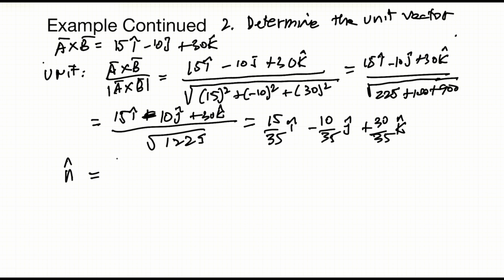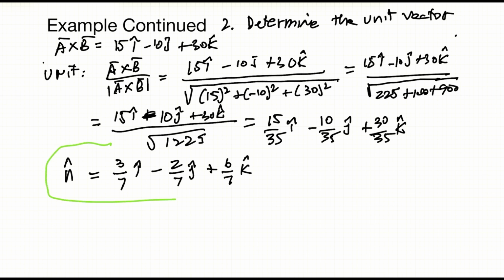So 15 divided by 5 over 35 divided by 5 is 3 over 7 i minus, and then 10, so that's going to be 2 over 7 j plus 6 over 7 k. So now this is going to be the unit vector normal to, or perpendicular to, the plane of A and B. We did that through the cross product, and then we divided the cross product by its magnitude to normalize it.